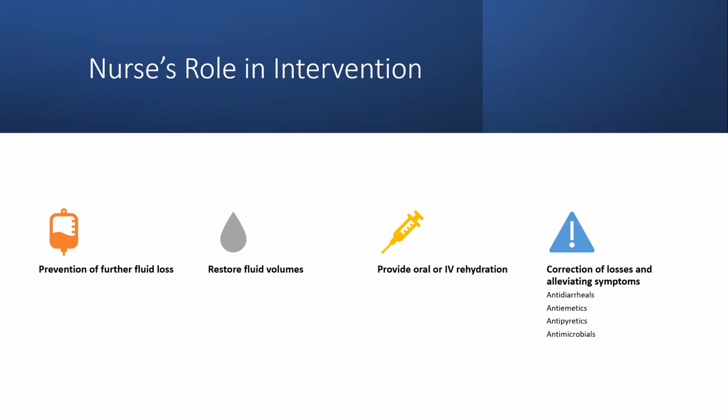You calm down the infection, you'll calm down the signs and symptoms of it, let's just say fever, and that will also reduce fluid loss. The main thing is to correct the loss and treat any symptoms that the patient may be exhibiting. And lastly, we need to monitor electrolyte values and prepare any medications.